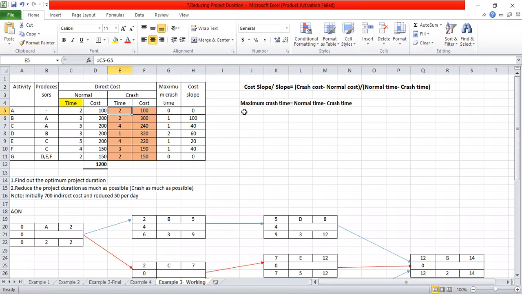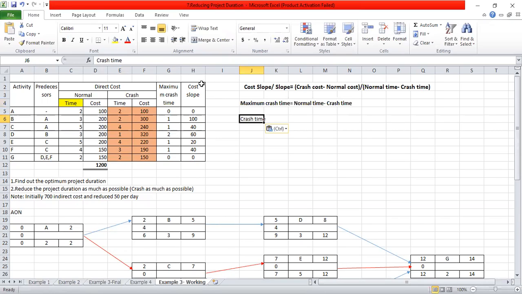So if I rewrite this equation, crash time is equal to, I will take this crash time to the other side, then the crash time becomes positive here.